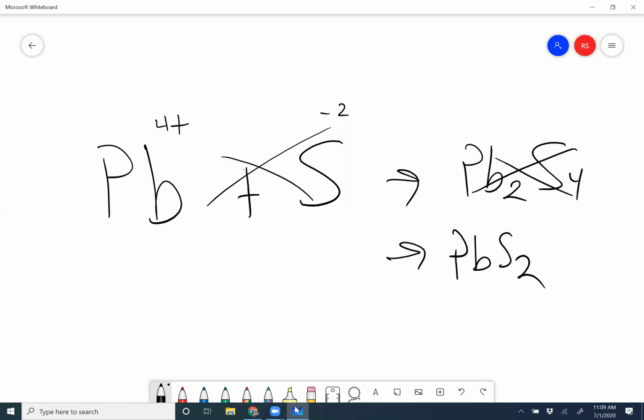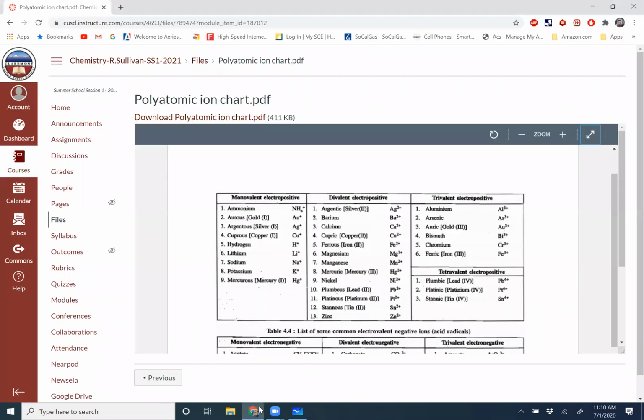You don't want that in ionic compounds, because yesterday we talked about ionic, and today we're going to talk about covalent. In ionic compounds, you want the simplest ratio. Now, sometimes this doesn't happen because you can also have what's called polyatomic ions, which you can see in here.